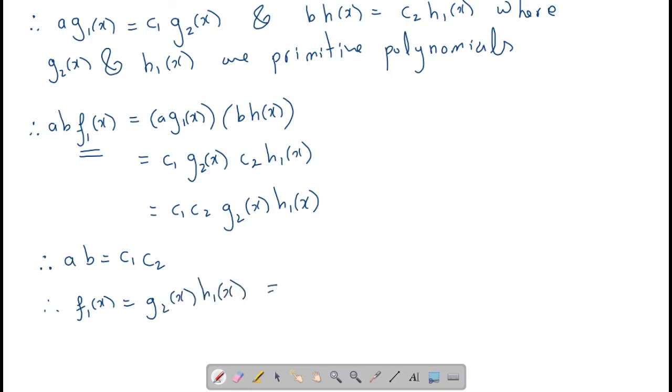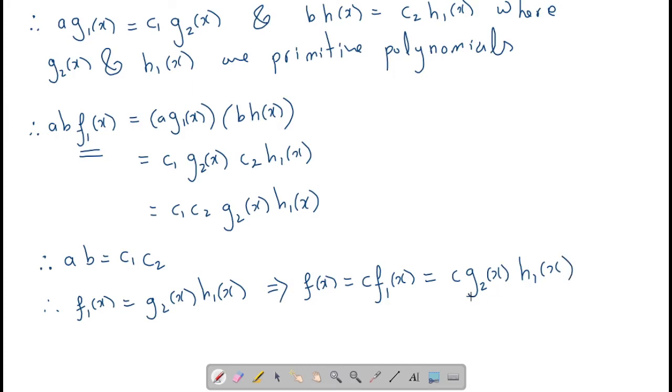Now we want to have f of x as a product of two polynomials, so we just multiply c to it. So f of x is c times f1 of x, which is c times g2 of x into h1 of x.